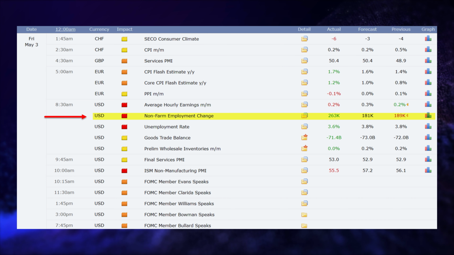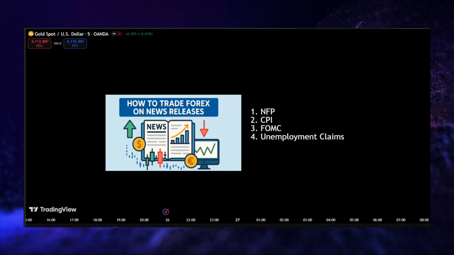But if the data is less than the previous month, then it is considered bad news. The market may not perform as expected. So what happens? The gold rate becomes higher and the US dollar becomes weaker. Now this is how you read NFP data in the forex market.